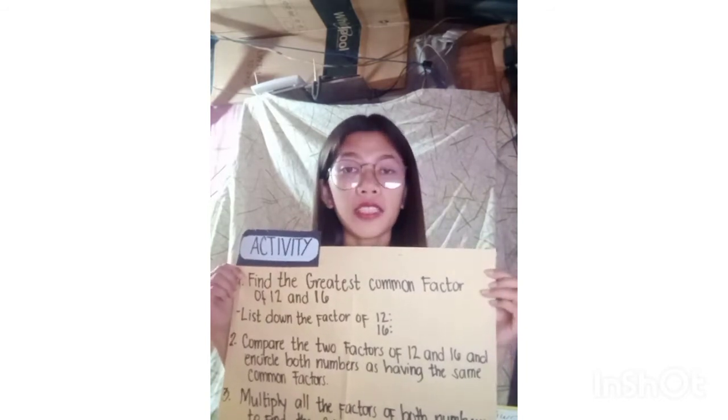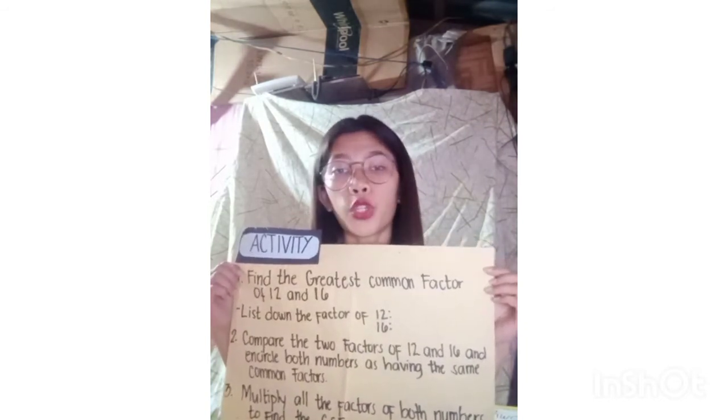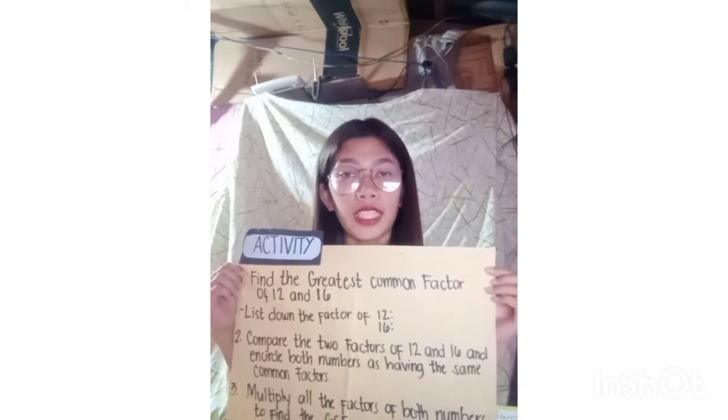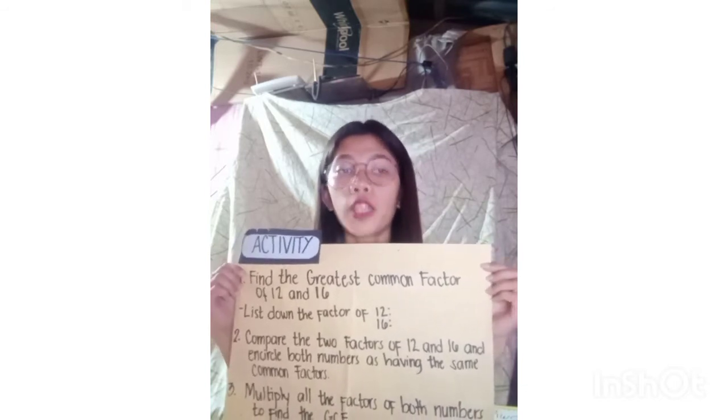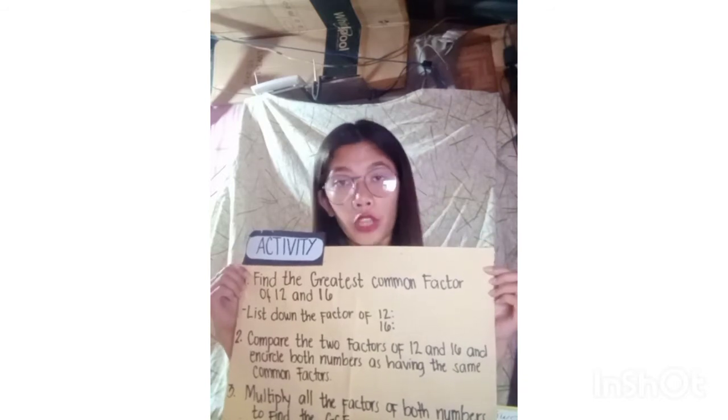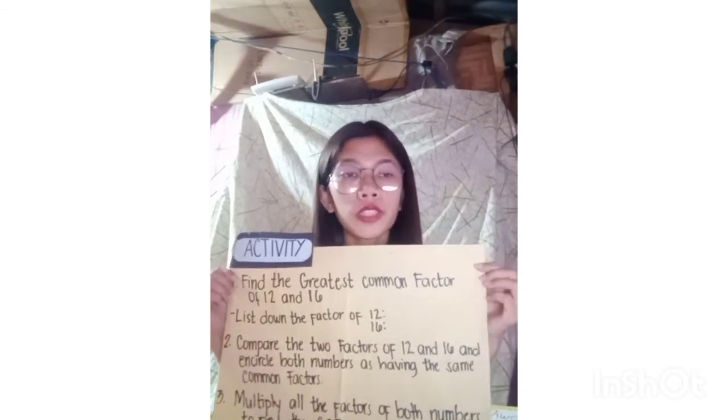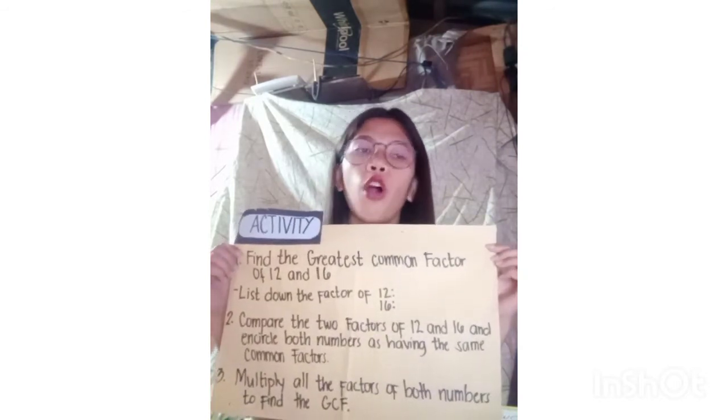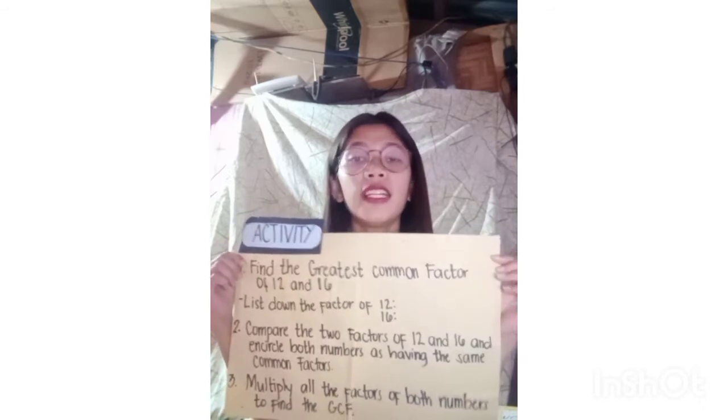Next, compare the factors of 12 and 16 and encircle the numbers that are the same common factors. Then multiply all the common factors of both numbers to find the GCF. Okay, class? Do you understand the activity? Do you have any questions?